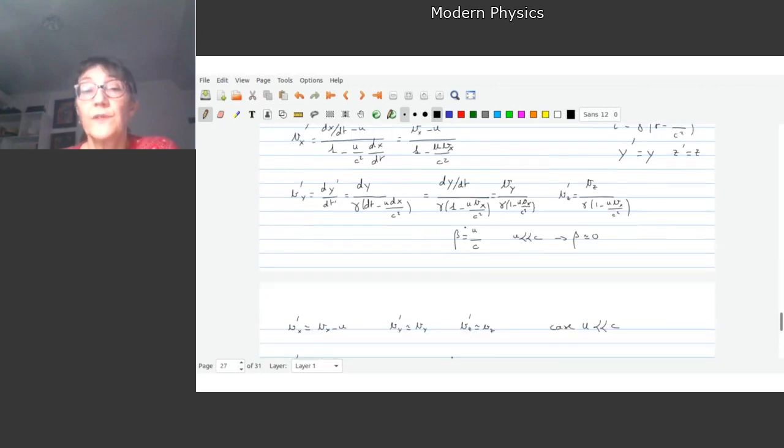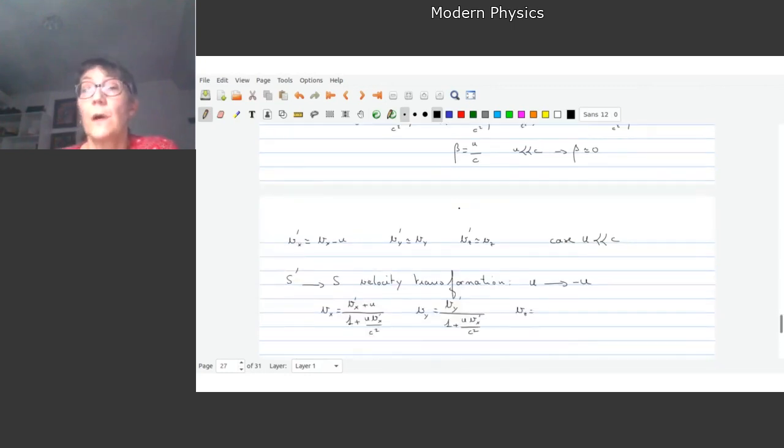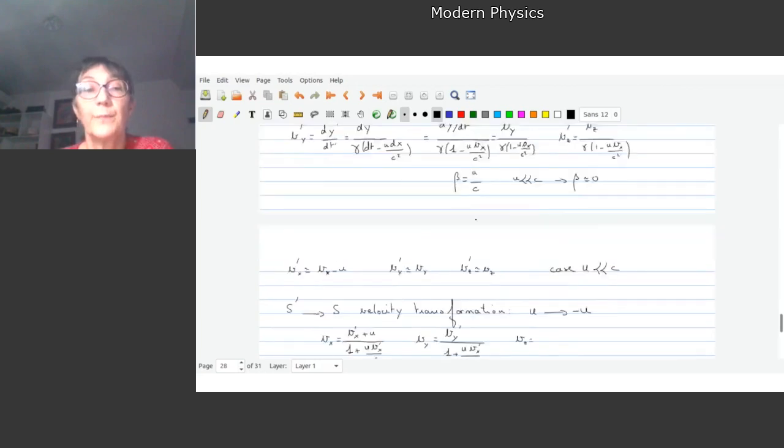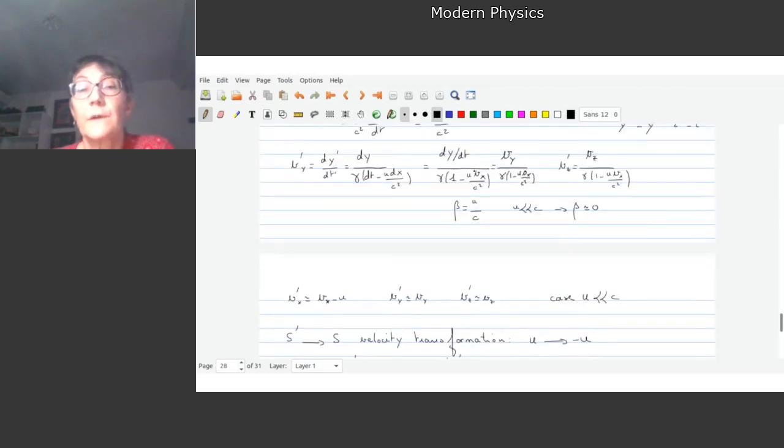So you can approximate beta by 0, and so you must find the classical transformation: Vx prime is Vx minus u, Vy prime is Vy, Vz prime is Vz, if you set u over c equal to 0.